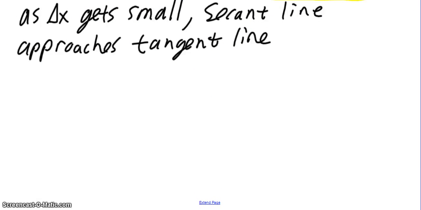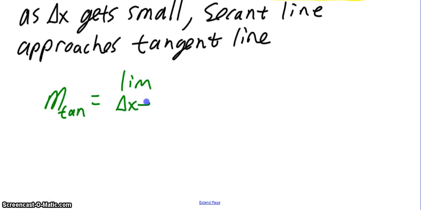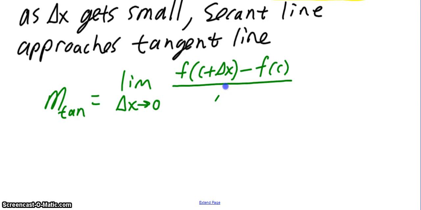So the slope of the tangent line we could write as the limit as delta x goes to 0 of f of C plus delta x minus f of C over delta x.